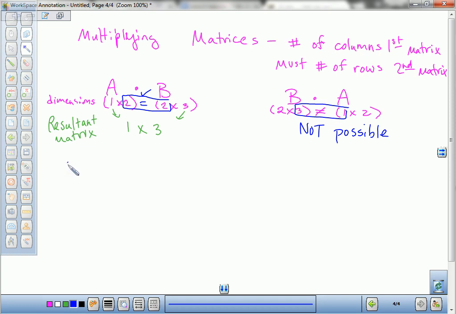All right, so let's actually come up with a matrix A. Matrix A, we said, had 1 row and 2 columns. I'm going to just pick some small numbers, 2, -1. And matrix B is going to be 2 rows and 3 columns. So we go 1, 0, 2, -3, 1, -2.